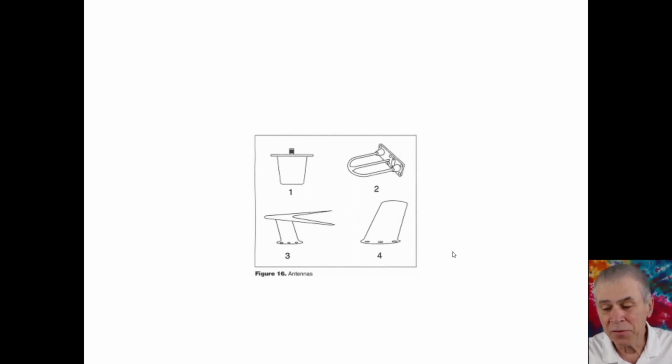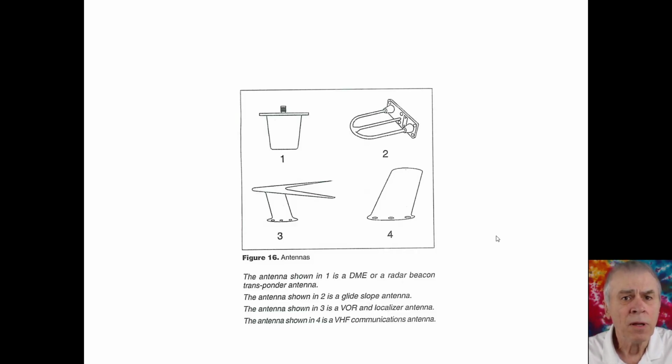But certainly one of them is the VHF communication system. And I believe the other one is DME. Let's see if I have a list of them here. All right. Yes, one is the DME, or the radar beacon transponder, since it's facing down. 2 is the glide slope, which is a question in its own right. 3 is the VOR localizer. And then 4 is the VHF communication antenna.